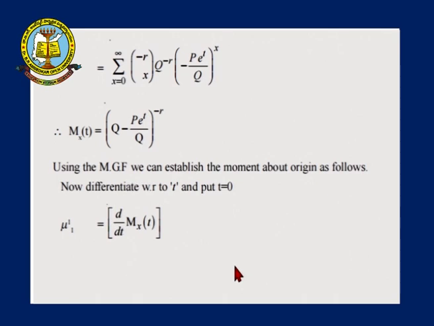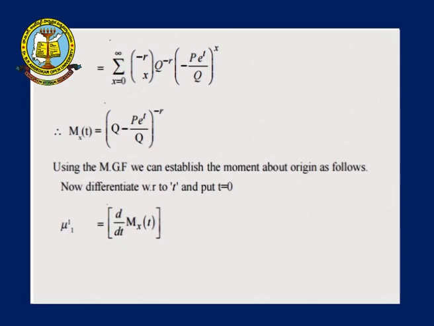So, summing over x equal to 0 to infinity, (minus r choose x) q to the power of minus r into (minus p e to the power t by q) all to the power of x. Therefore, after simplifying this expansion, we will get a single expansion term, that is (q minus p e to the power t) by q, all to the power of minus r, which is the required moment generating function of the negative binomial distribution.